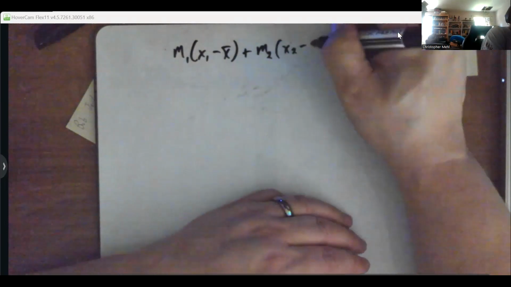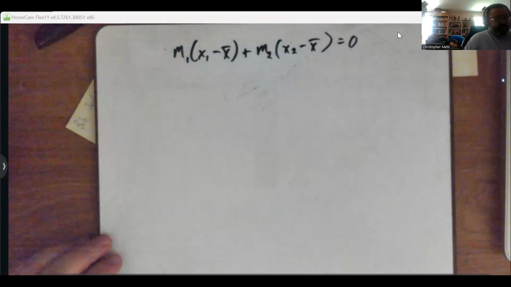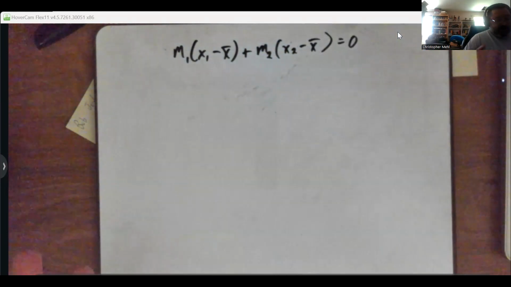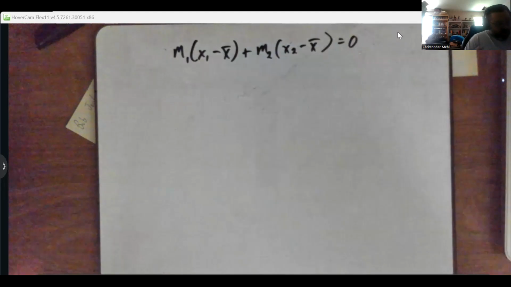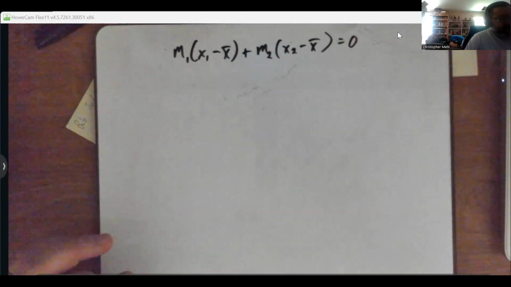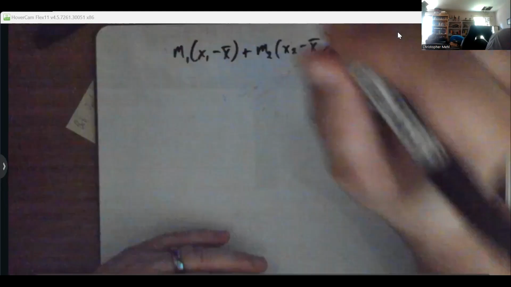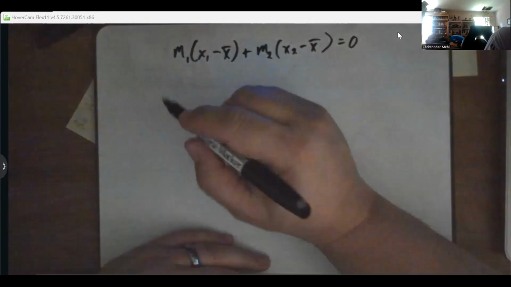And so this works out to be that the sum of these two things had to be zero. They had to be equal, but on opposite sides of x equals zero. And so we get this. All right, so now let's generalize this.